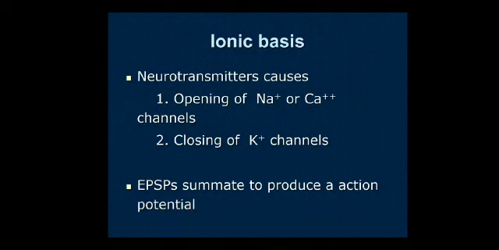This receptor makes the sodium channels or calcium channels open up. It may also cause closing of potassium channels. Because of sodium influx, the potential goes towards the positive side. This is called excitatory postsynaptic potential.